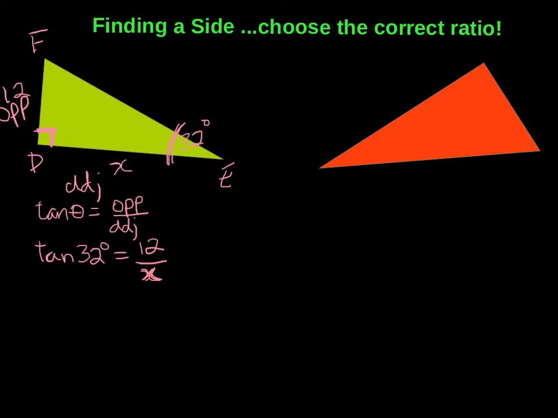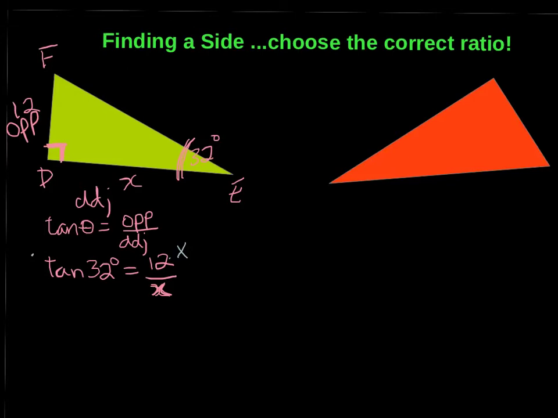In order to solve for x, we need to isolate the x. To do that, I'm going to multiply both sides by x. I'm going to multiply it over here, and I'm going to multiply it over here as well.